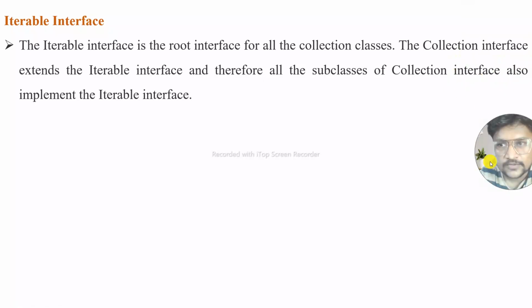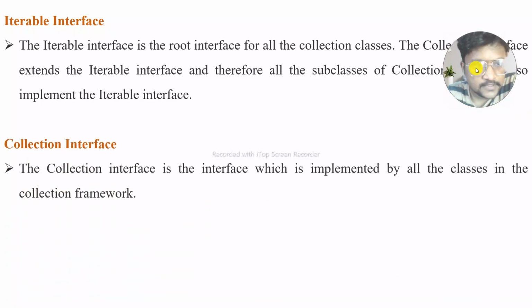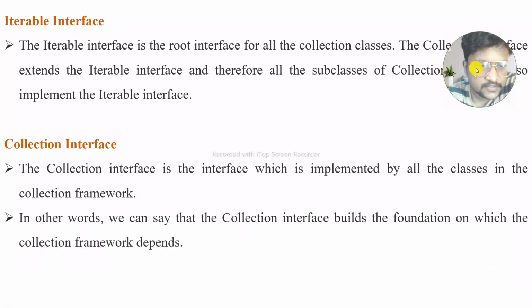The Collection interface extends the Iterable interface, and therefore all the subclasses of Collection interface also implement the Iterable interface. Then the Collection interface is implemented by all the classes in collection framework. In other words, we can say that Collection interface builds the foundation on which the collection framework depends.